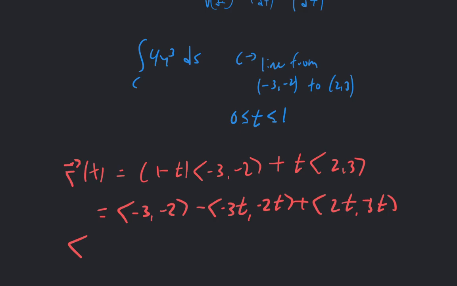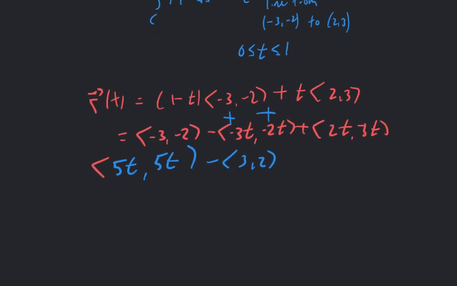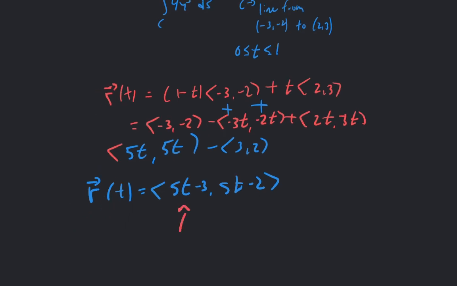This is going to be 5t, 5t, and then minus 3, 2. R of t is equal to 5t minus 3, 5t minus 2. So that means we have this x term and this y term. Our x is equal to 5t minus 3, y is equal to 5t minus 2.